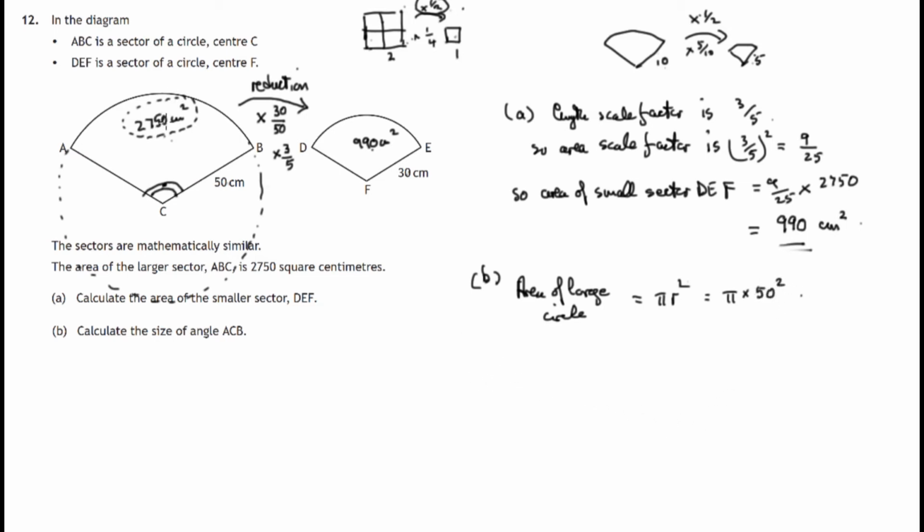So whatever fraction this area is of the whole circle, that would be the same fraction that this angle at the centre is of the whole angle, which is 360 degrees. So angle ACB would be 2,750 compared to the whole circle, that fraction of 360 degrees.